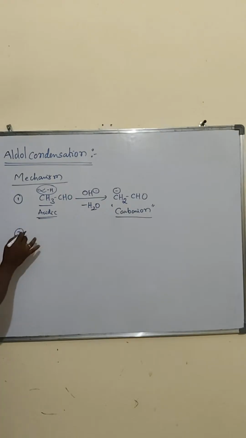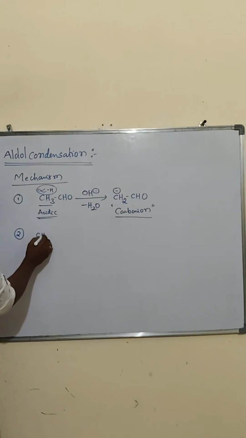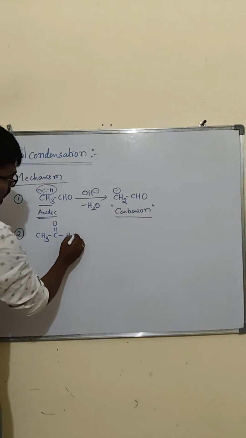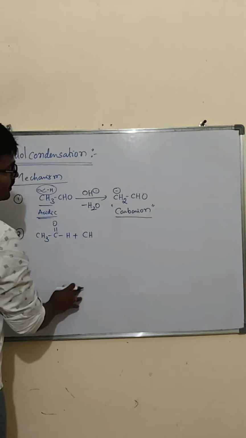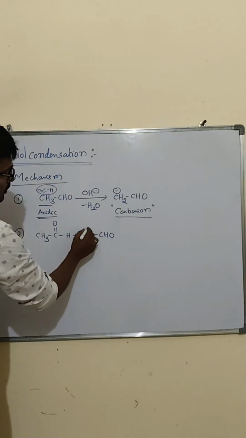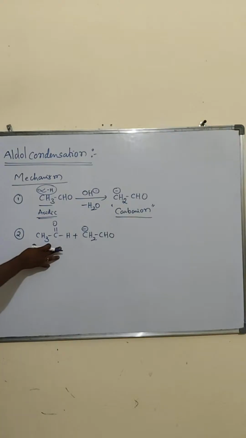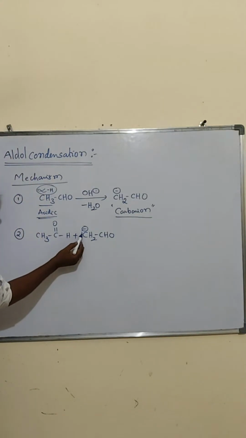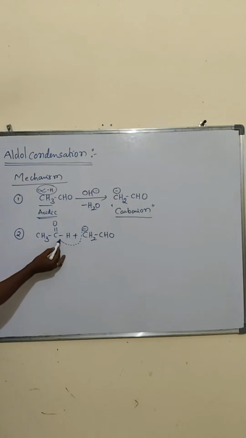Then the second step, what happens? One more aldehyde I am taking, CH3, C double bond O, H. When it is treated with what was formed in the first step, that is the carbanion, look, my dear students, a negative charge is going to attach where the carbonyl carbon is.